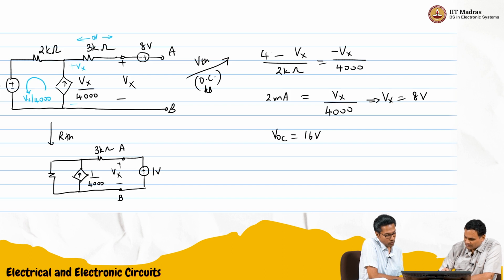So you'll have 3 kilo ohms here and 2 kilo ohms here. Here maybe we can do source transformation for these.